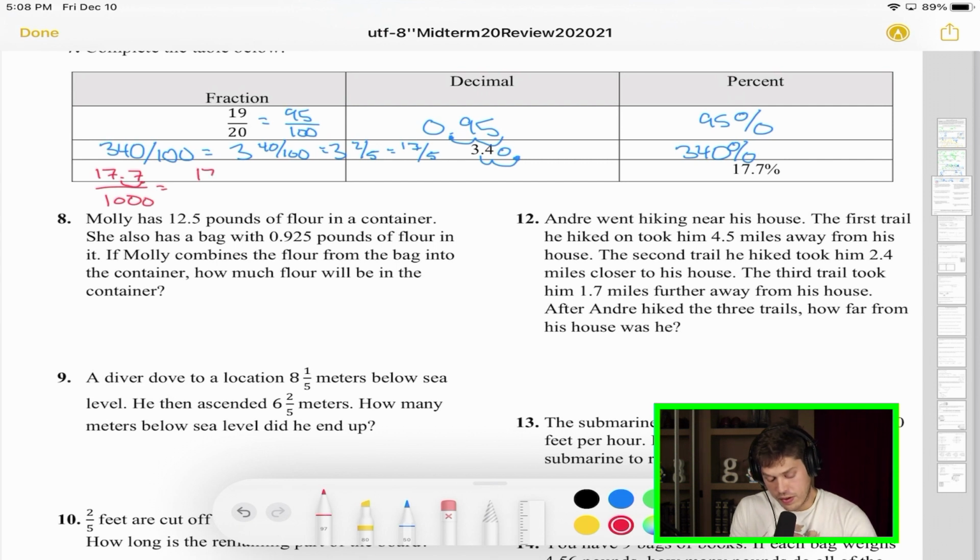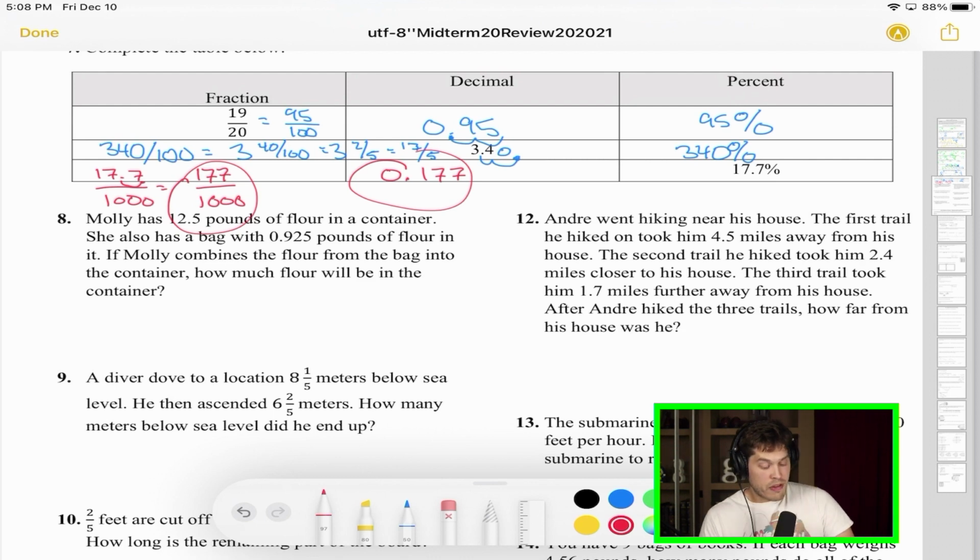So this is 177 thousandths. And what did I just say? I said 177 thousandths. How do you write that as a decimal? Well, you have the tenths, hundredths, thousandths. This is 177 thousandths, okay? So this is that as a fraction, this is it as a decimal. Okay, very good.